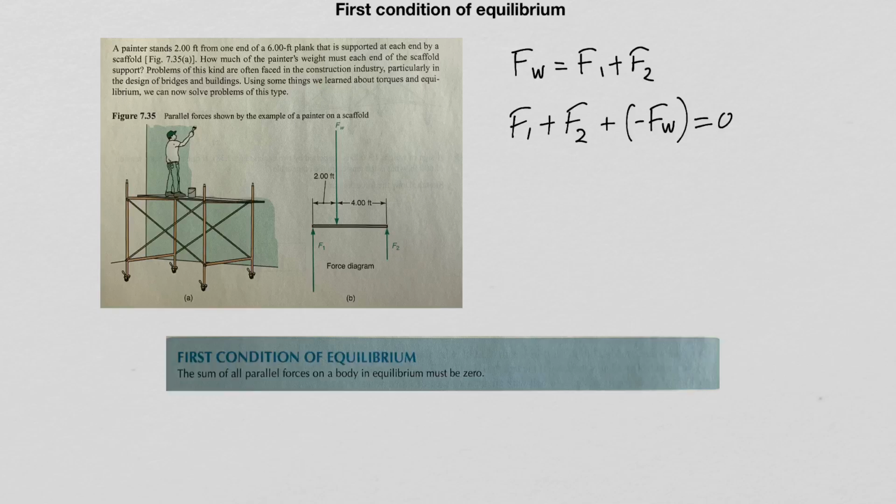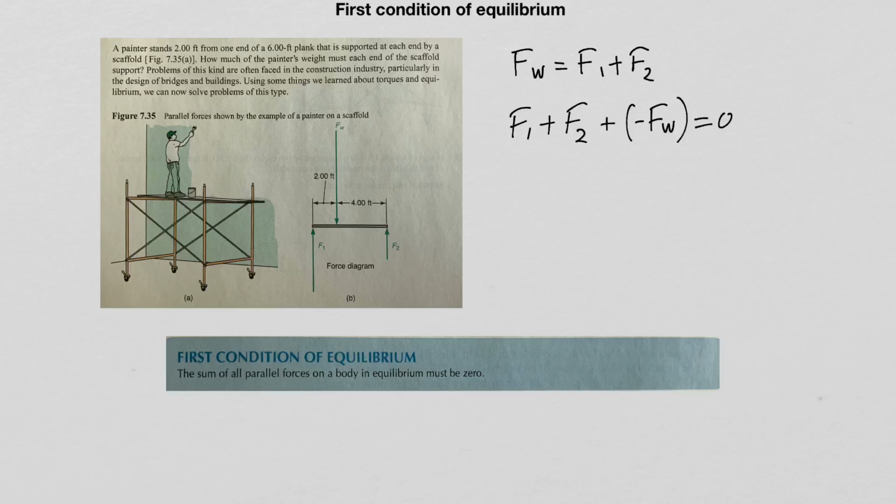And so essentially this is an example of the statement that is known as the first condition of equilibrium, which involves parallel forces. So let's put it on the slide. The first condition of equilibrium states that the sum of all parallel forces on a body in equilibrium must be 0.